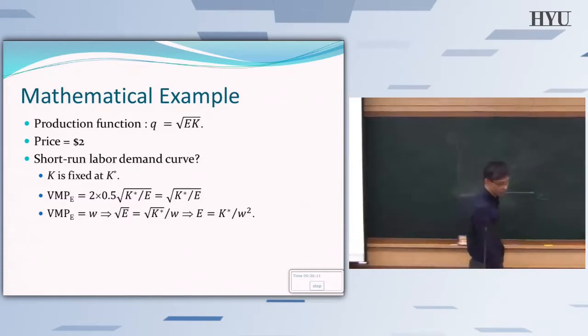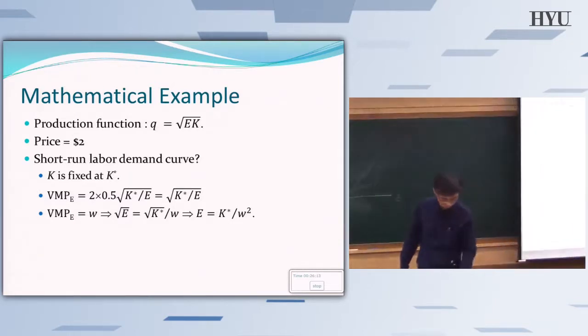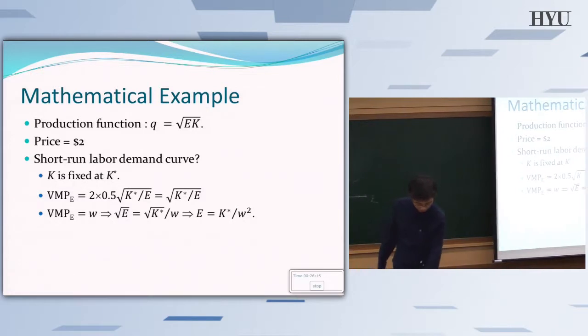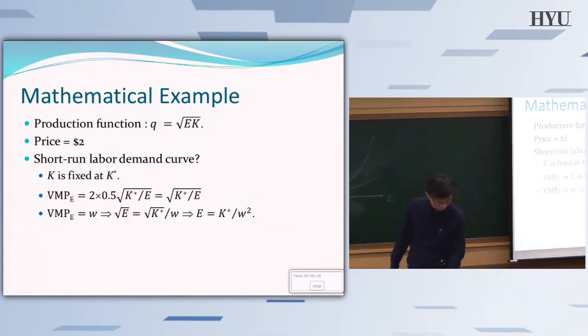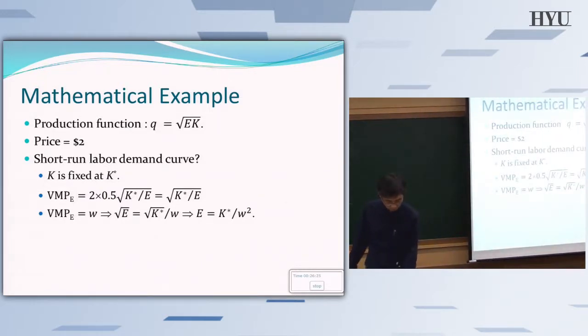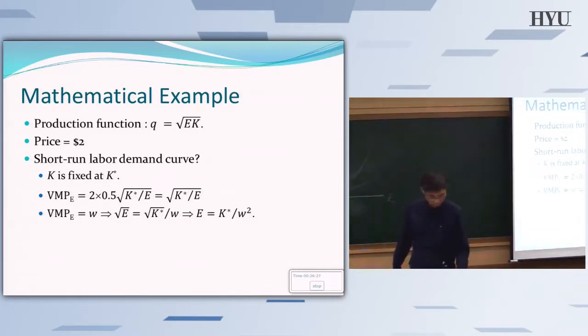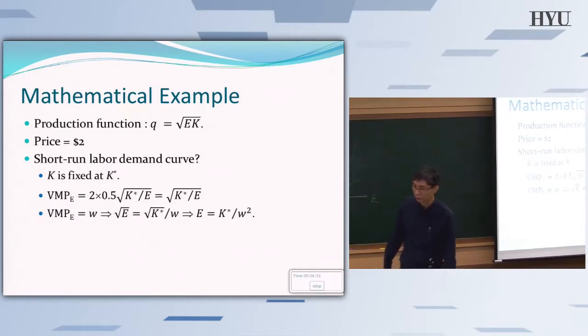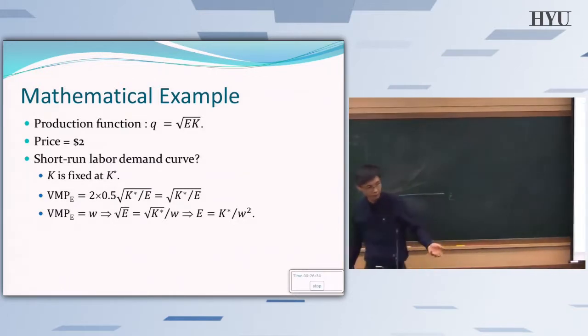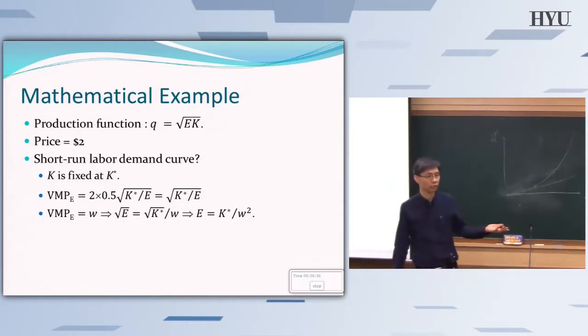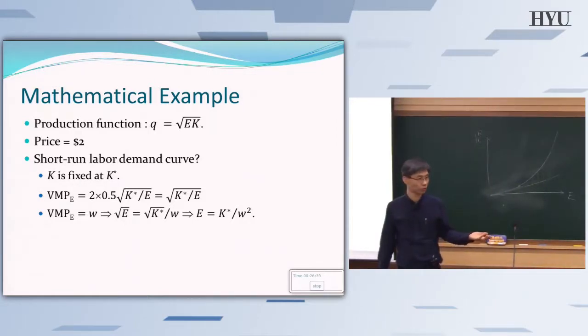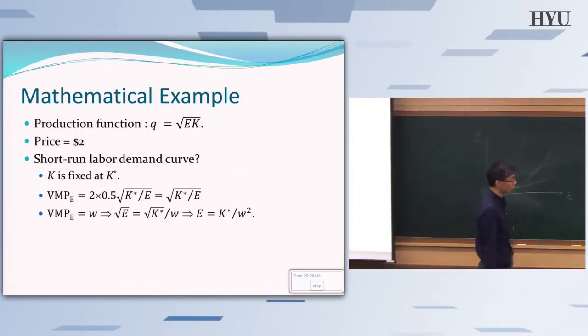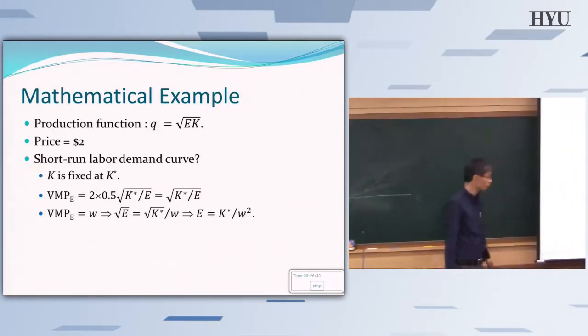Okay? If I ask you to do this at the exam, I will give you the marginal product of labor equation, so you don't have to differentiate, but you should do the rest. Okay? Questions? Okay, so far everything is very simple.